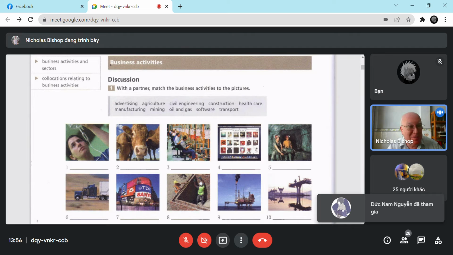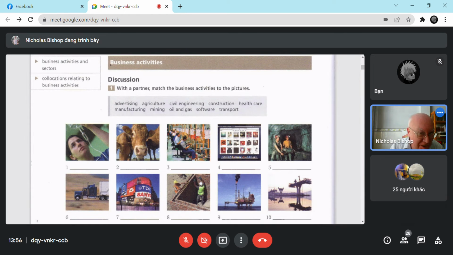Let's start at the beginning with number one. What do you think number one is? I think number one is healthcare, teacher. Yeah, it looks like that because there's a person who could be a nurse or something holding up something, looks like some medical device. So yeah, healthcare is a good guess.